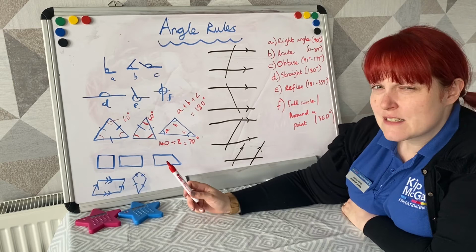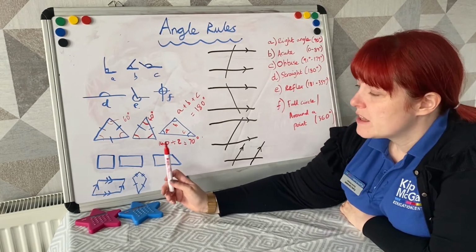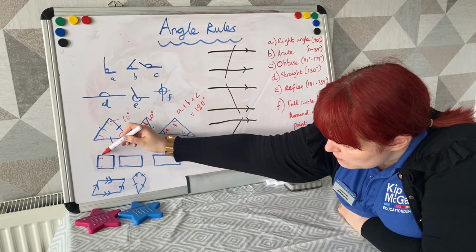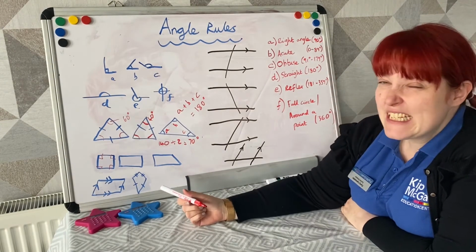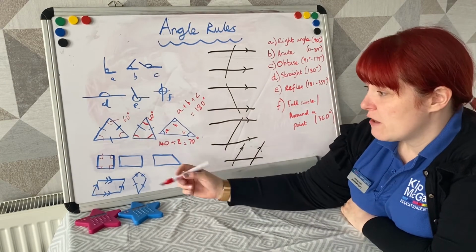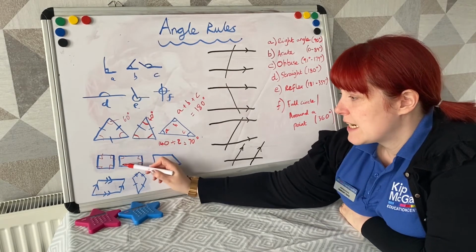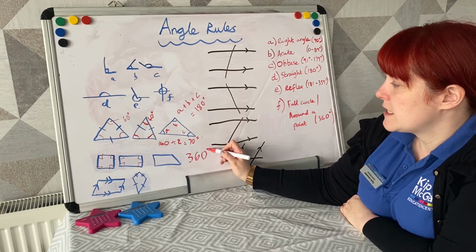They all have one main rule and some extra rules each. The main rule is the angles in them always add up to 360, no matter which shape it is. The easiest one is the square because there are 4 right angles, and the same in the rectangle. 4 lots of 90 is 360. So all quadrilaterals are 360.